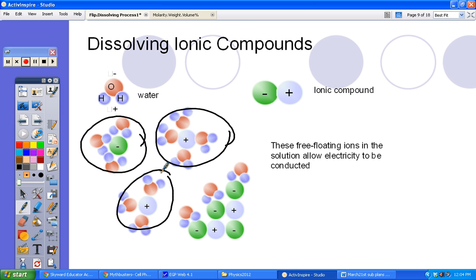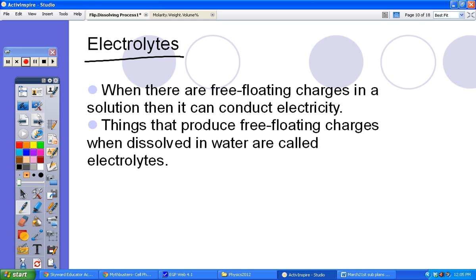If you've ever looked at a Gatorade bottle, they probably have something like that on there, sodium positive or potassium positive. Those are the free-floating charges in a solution. Anything that produces free-floating charges is called an electrolyte. So salt water is actually technically an electrolyte.